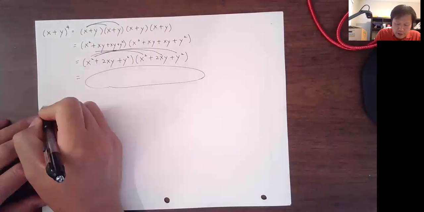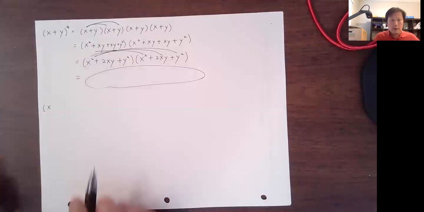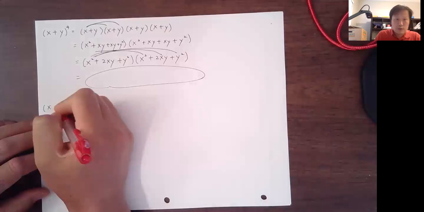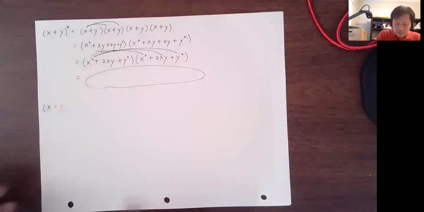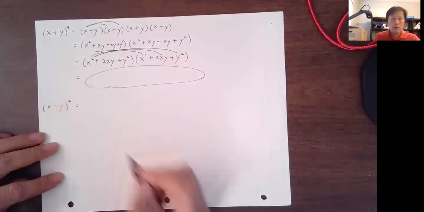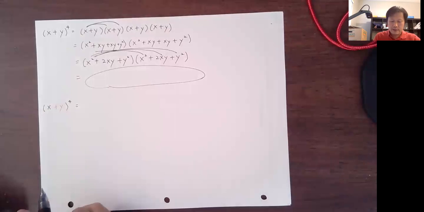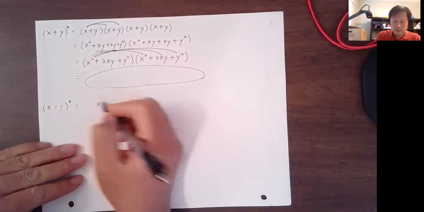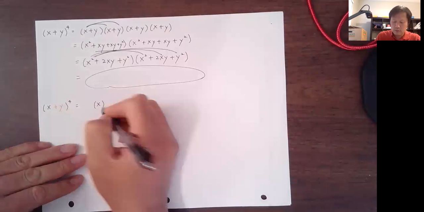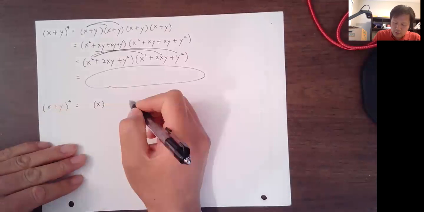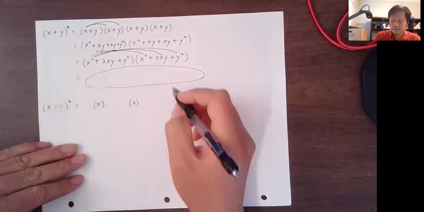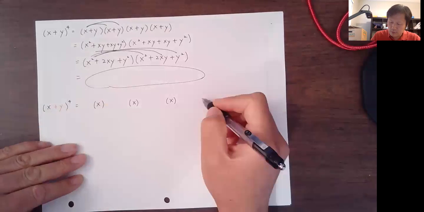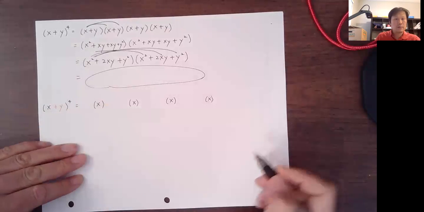So let me apply x. I'm going to use a color code here. (x plus y) to the fourth power, you can express that as x, another x, another x, another x.